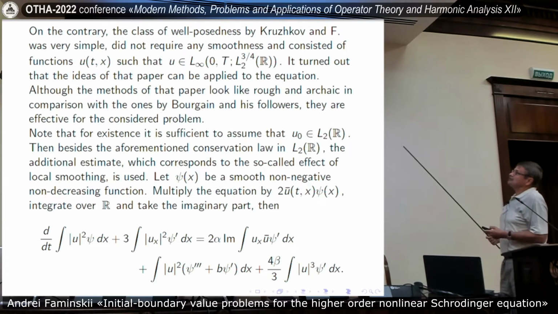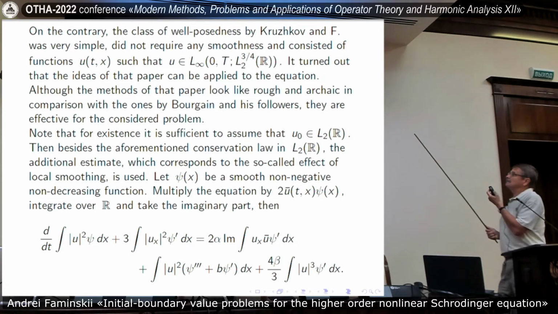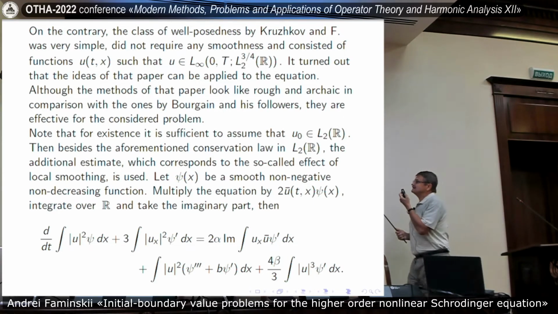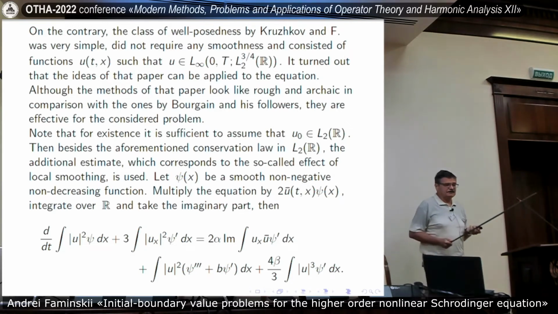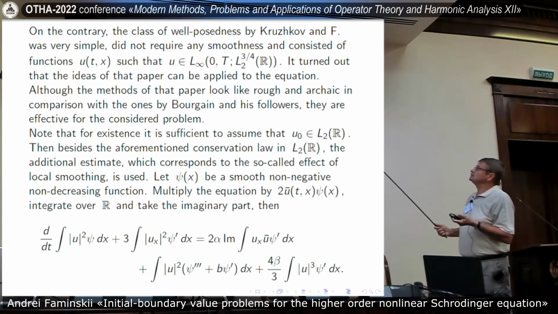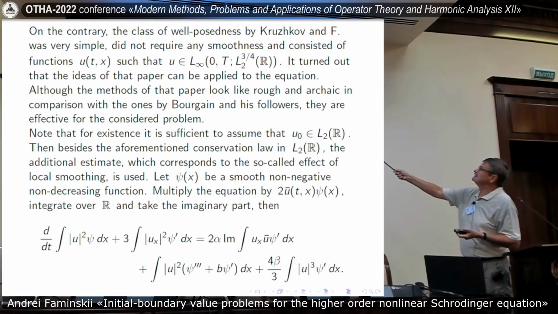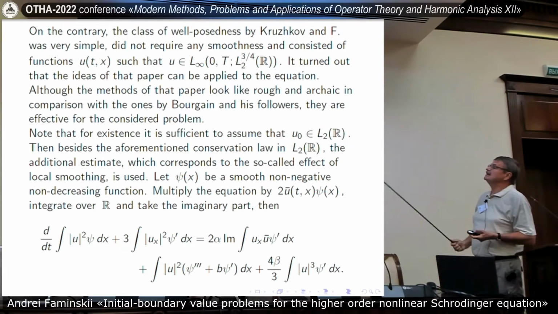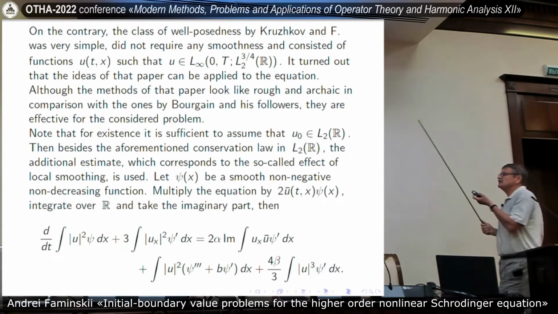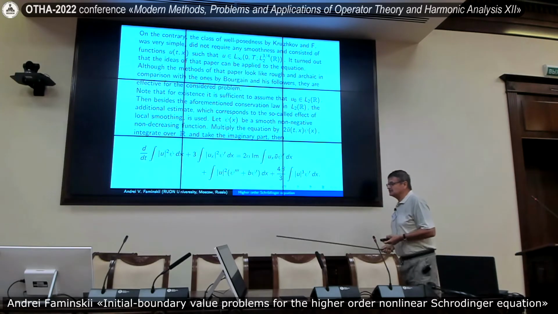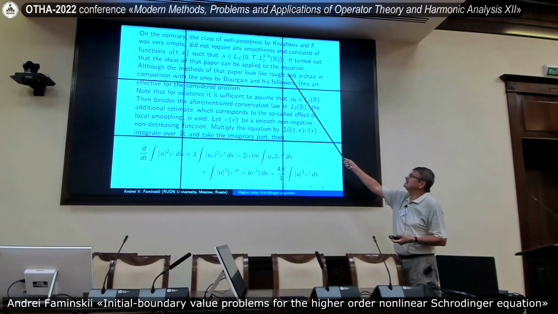The ideas of Kruzhkov and myself were such that the space of functions in which we established well-posedness is very simple.